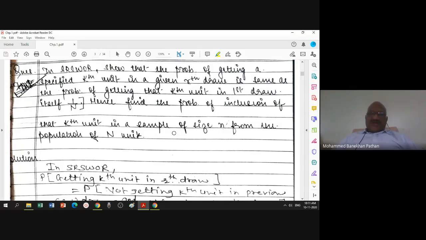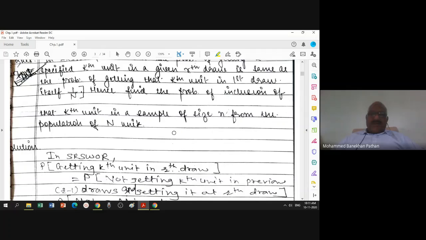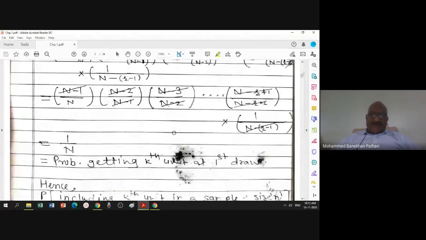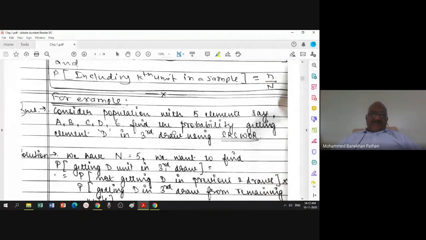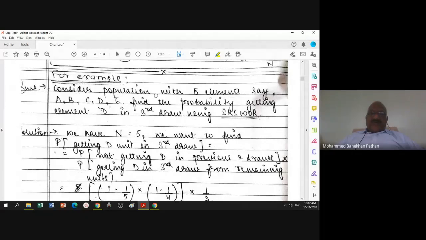We'll try to understand this proof by taking a simple numerical example. Consider a population with 5 elements A, B, C, D, E. Find the probability of selecting element D at the third draw by using the method of without replacement.